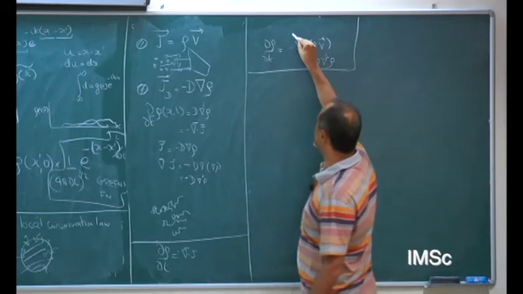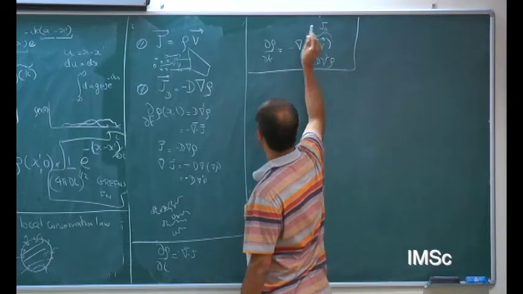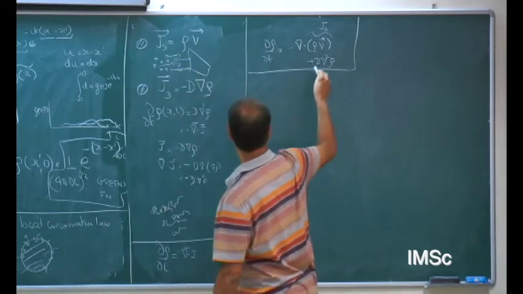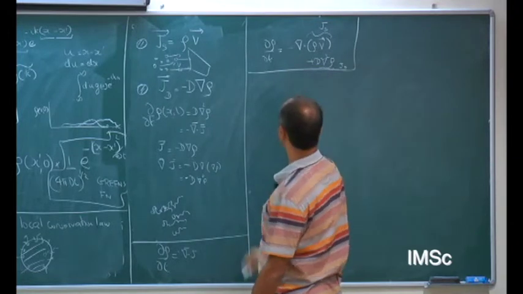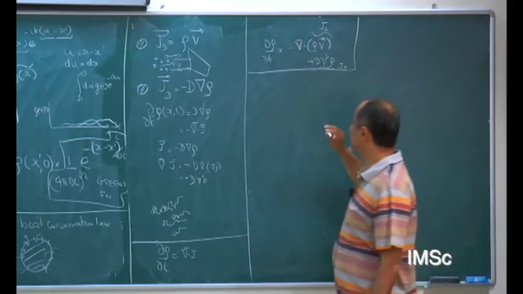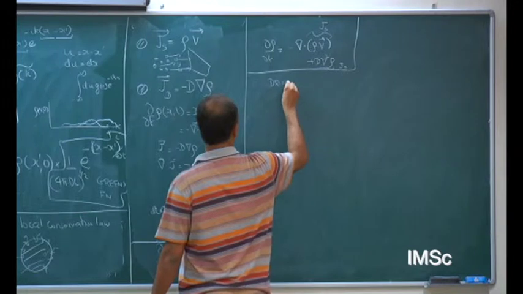So this is just the regular current term, which I call a systematic current, which might come from having some net velocity, and this is a diffusive current that comes from diffusion. This equation here is called a drift diffusion equation.